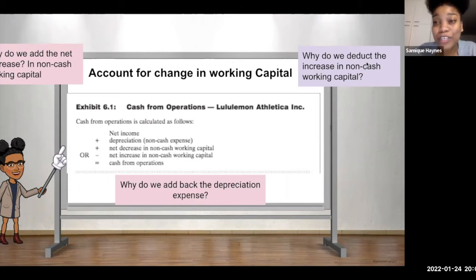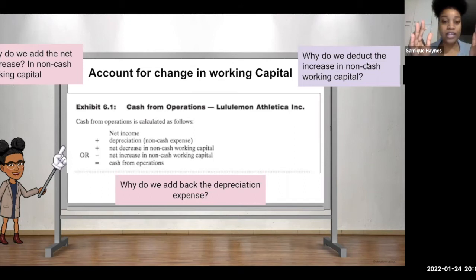Someone says, do the numbers for non-cash working capital come from the balance sheet? Correct. Because I said before, in order for us to produce a cash flow statement, unless the question says inventory increased or decreased by this amount, or receivables or accounts payable increased or decreased by this amount, they can give you a current balance sheet and a prior year's balance sheet, and you have to compare, okay, 2019 and 2020.